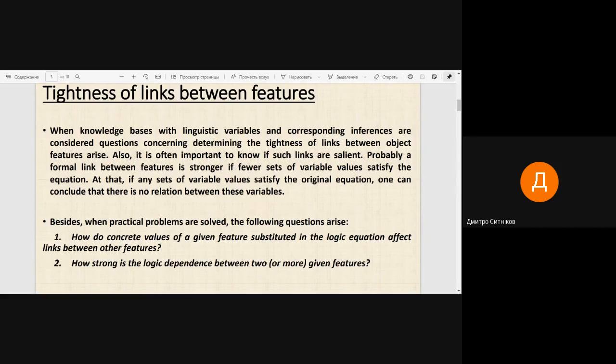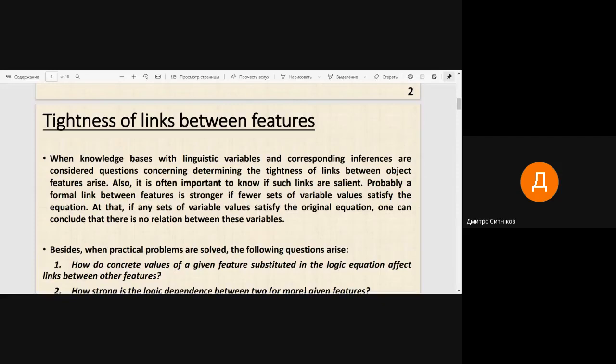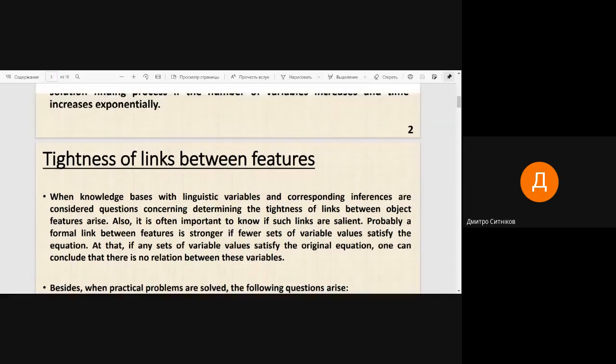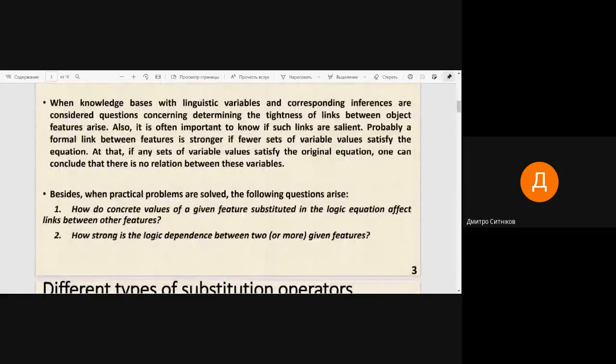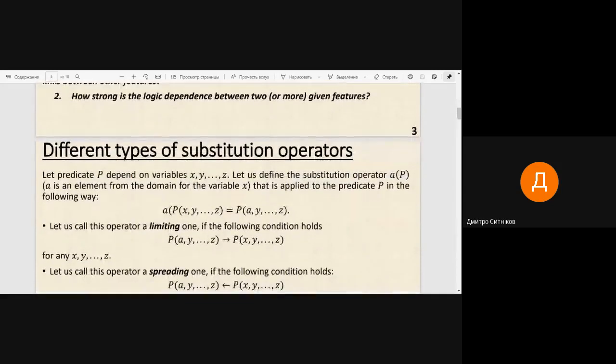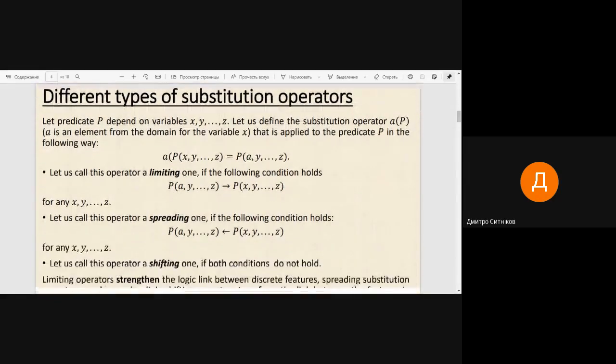First, how do concrete values of a given feature substituted in the logic equation affect links between other features? And the second one, how strong is the logic dependence between two or more given features?